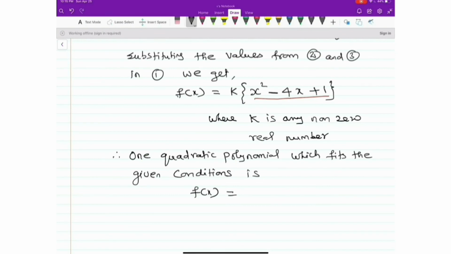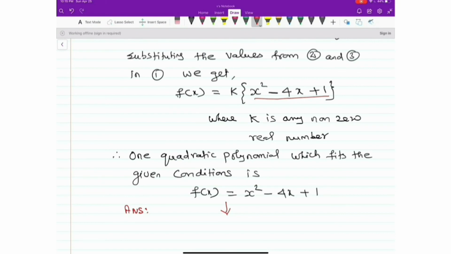So, x square minus 4x plus 1. You have to write your answer. That is the final answer. You just rewrite the same statement.